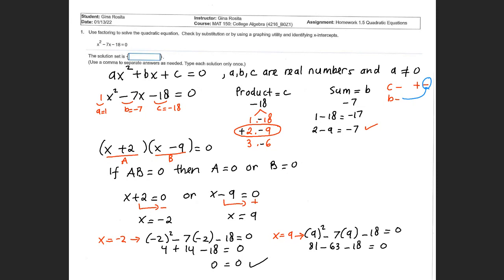So 81 minus 63 is 18. 18 minus 18 is 0, equal 0. Check. Okay. So we can write down the solution: negative 2, comma 9. To make sure your answer is right, double check. So now go to number 2.